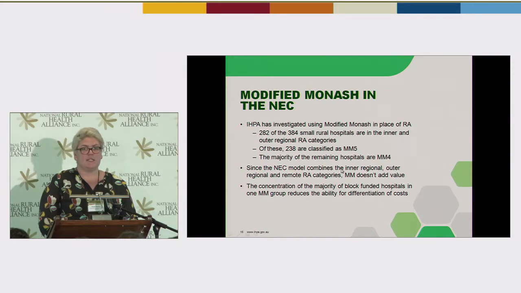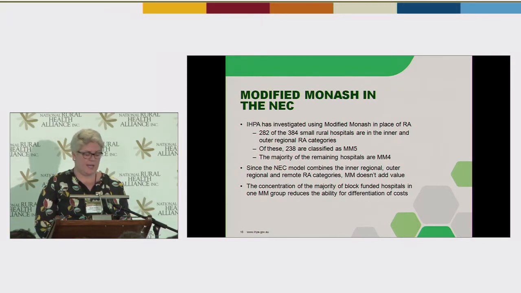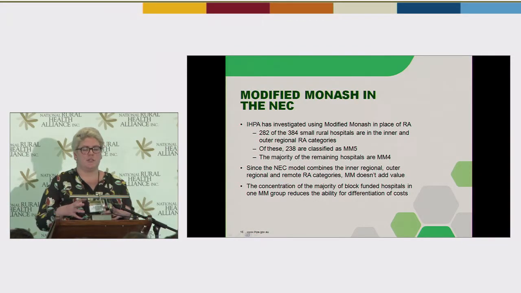As I said previously, because the current NEC model combines the inner regional, outer regional, and remote RA categories, the Modified Monash doesn't add value. It's actually equivalent to what we would do under RA. If we were to disaggregate to the Modified Monash classification, because of the majority of the block-funded hospitals falling in MM5 and the rest essentially in MM4, we get the concentration of a lot of hospitals with different cost profiles being concentrated in this group.